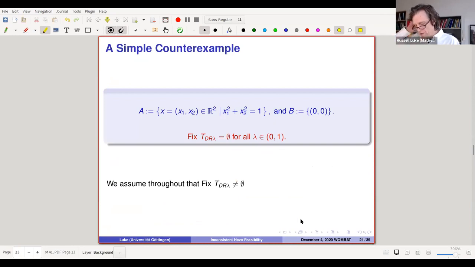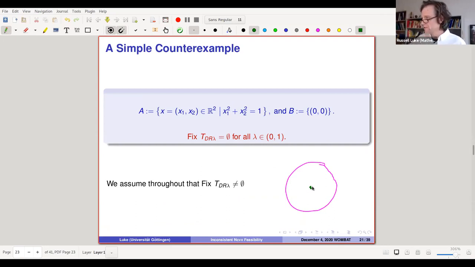First of all, this algorithm doesn't always have a non-empty intersection. In particular, if the sets are like this, you have one set, let's say the magenta one on the outside, and then the other set is just a point in the middle, the relaxed Douglas-Rachford algorithm doesn't have a fixed point. So you have to be careful.